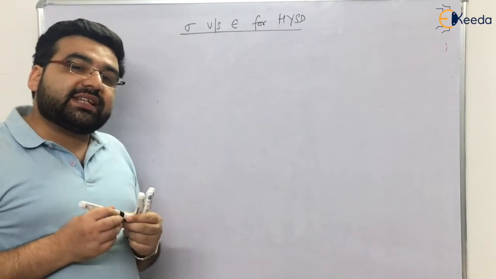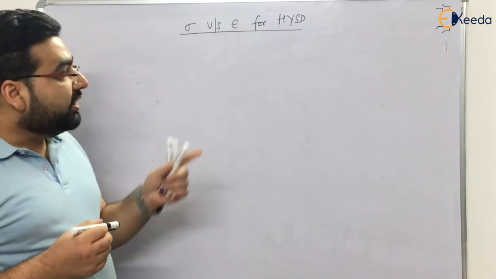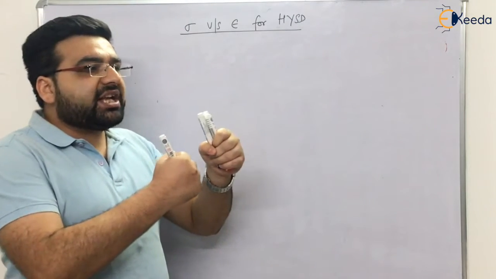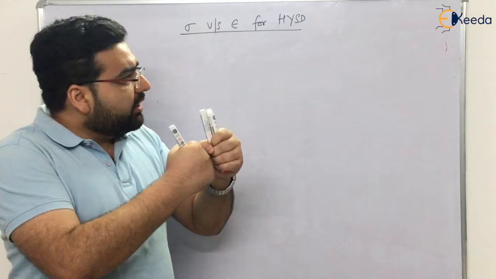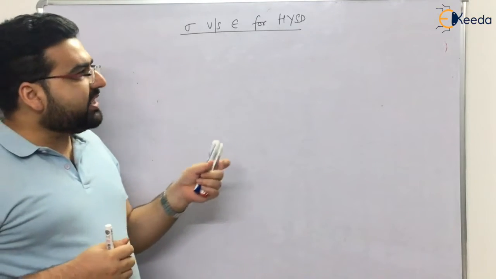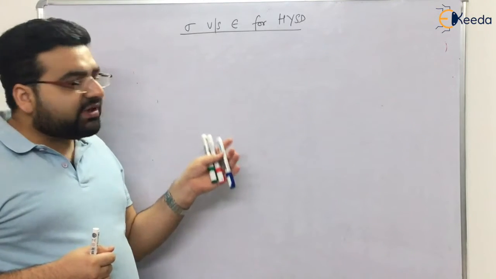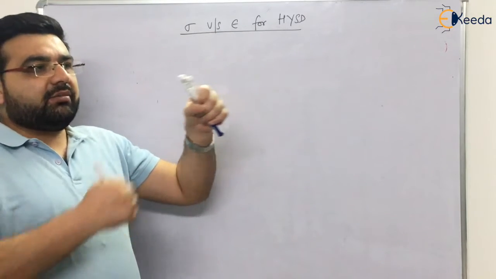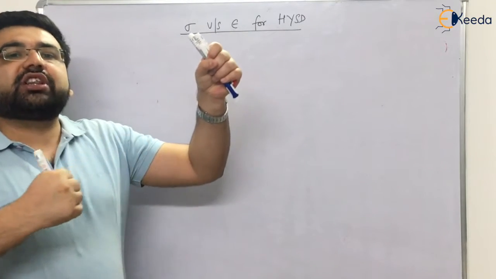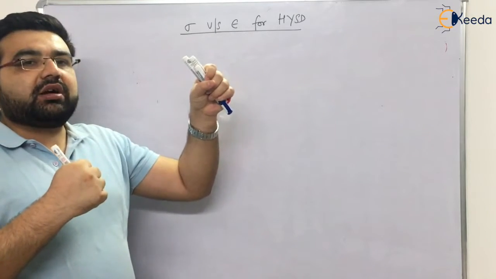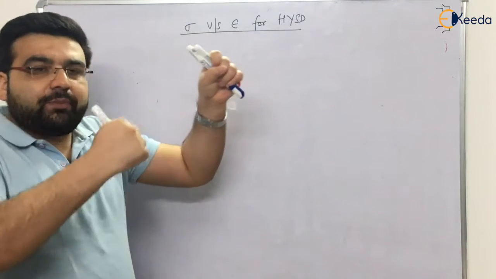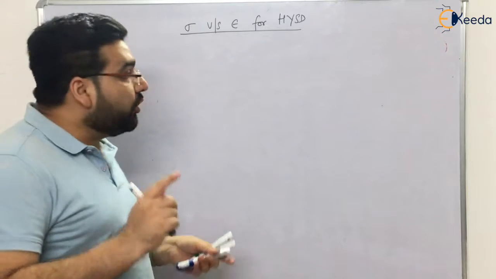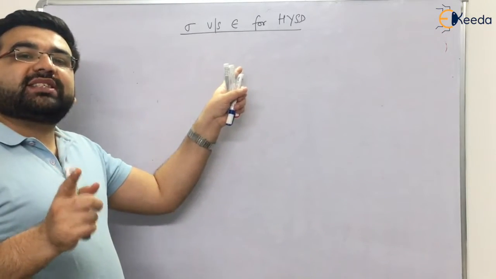You must have done this experiment in your college also. The HYSD breaks with a force, with a noise, you can say, right? Suppose that under the universal testing machine you are testing HYSD. Now when yield point will come, there will be a lot of elongation in the bar, and a breaking point will come when you will hear a lot of noise like doop, and it will break. Okay, so that type of break is known as the brittle failure.